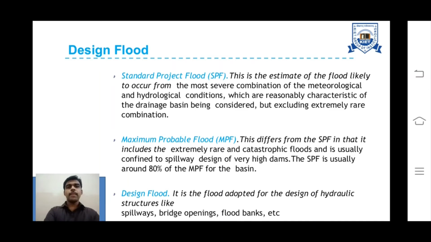By considering the major pattern, the design of the flood is possible. Then here comes a very important pattern, that is the maximum probable flood. Without this, no risk identification, no impact determination will happen, because this differs from the SPF in that it includes the extremely rare and catastrophic floods and is usually confined to spillway design for higher dams, because the standard project flood is usually around 80% of the MPF, that is the maximum probable flood for the basin.